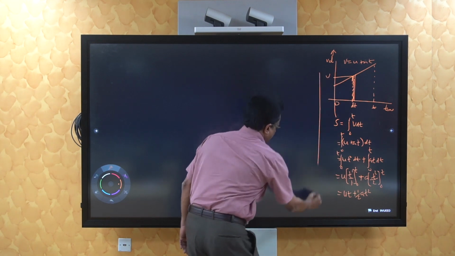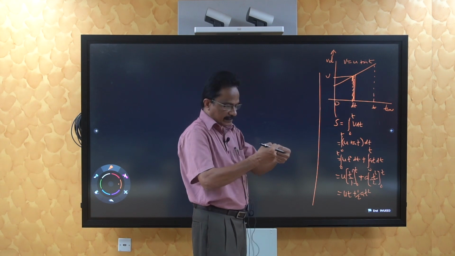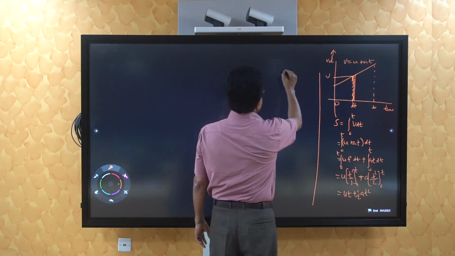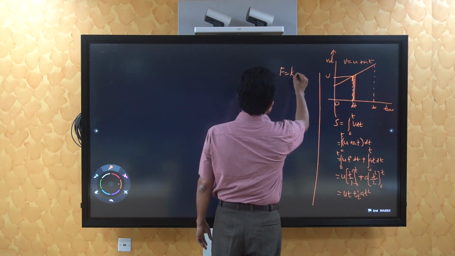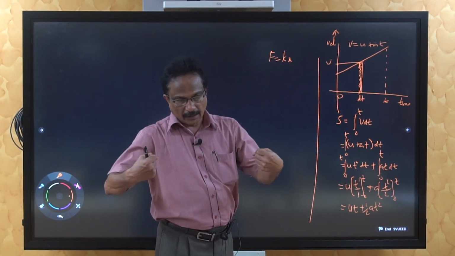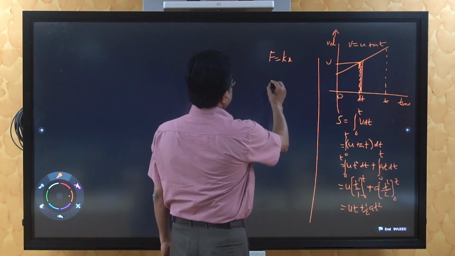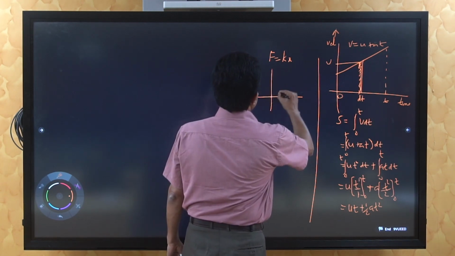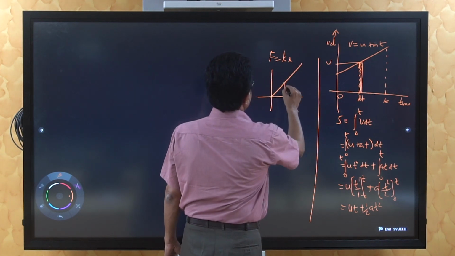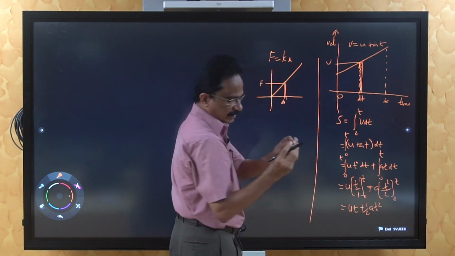Now take another example. Suppose we stretch a spring. The work done in stretching a spring can be obtained from the formula F is equal to kx, which is the force in stretching a spring. Suppose we stretch the spring by a small distance. I take this force as F, and the small stretching is dx.